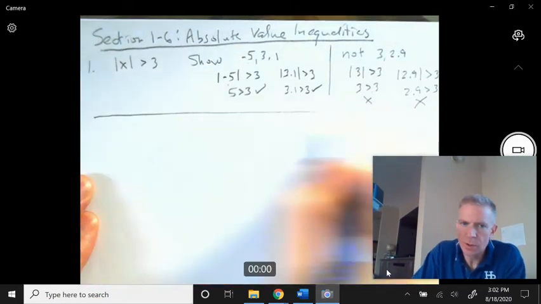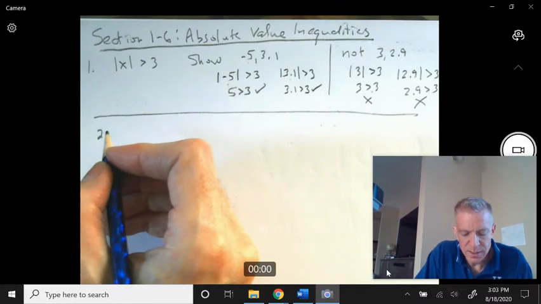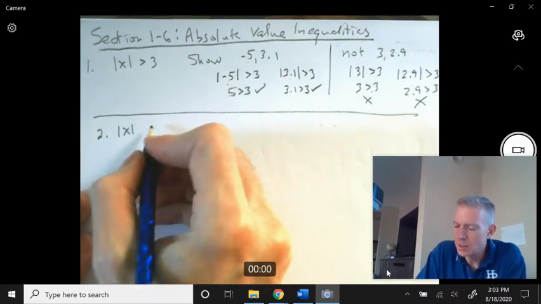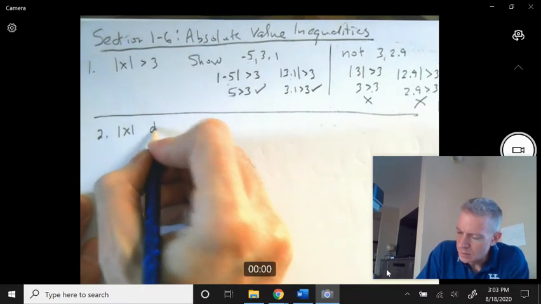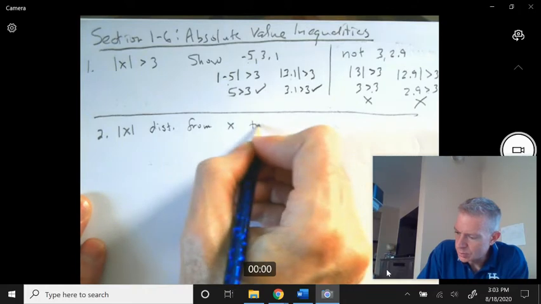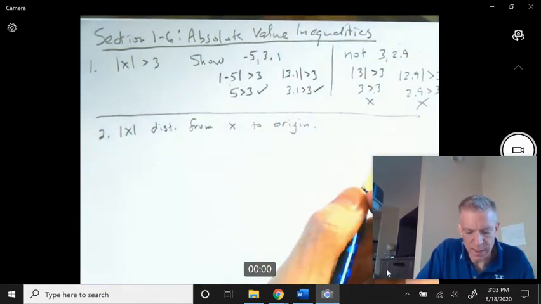We're going to go to number 2, which says, because absolute value of x is the distance from x to the origin, that's another way to define absolute value of x.